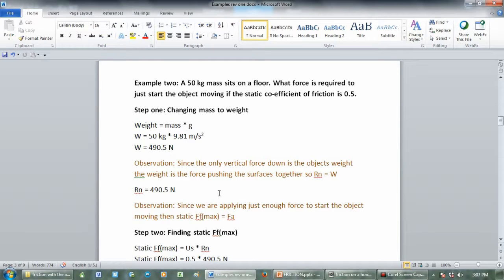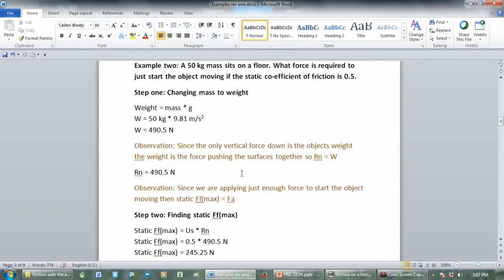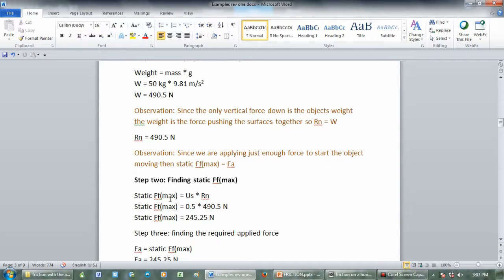Observation. Since we are applying just enough force to start the object moving, then the maximum static friction force equals the applied force. So step 2 will be find the maximum static friction force. Maximum static friction force equals the coefficient of static friction times the normal reaction force Rn.